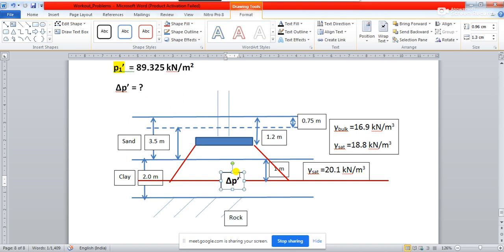In this case we are not using Boussinesq's equation, we are not using Westergaard's equation.